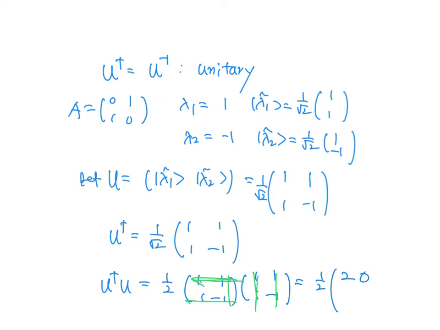This and this again, you get 0. And finally, you get 2. This is the identity. So this is a special case. So actually, U dagger is U inverse. So this is a unitary matrix.